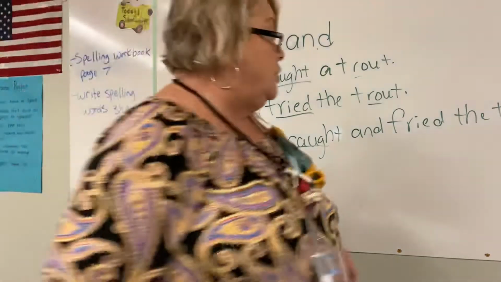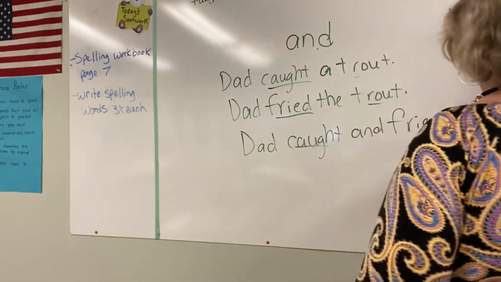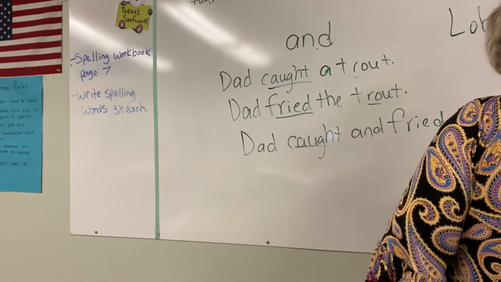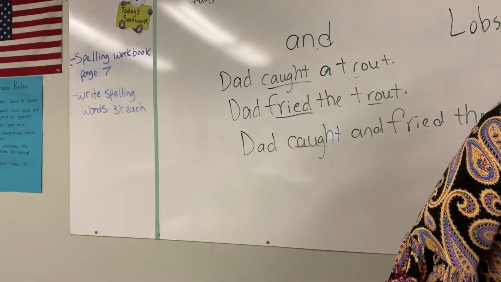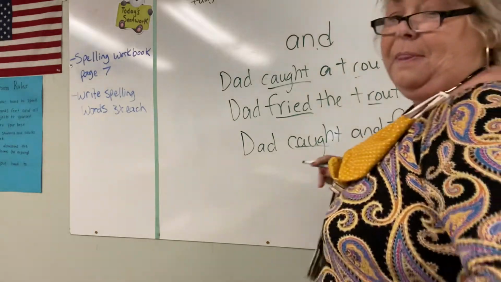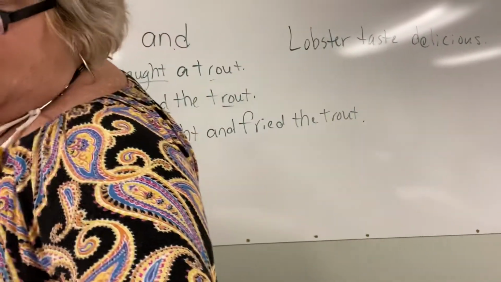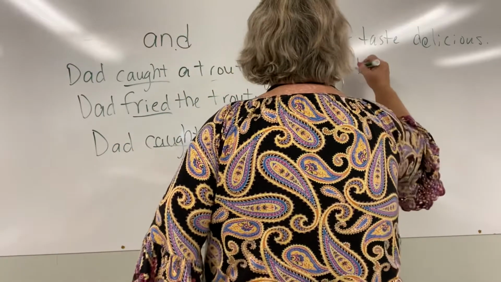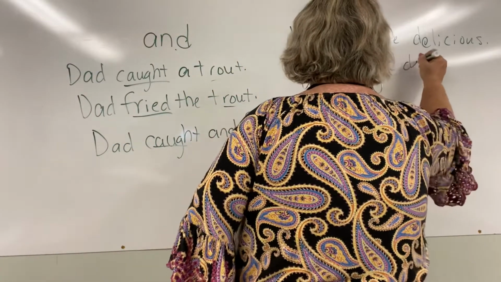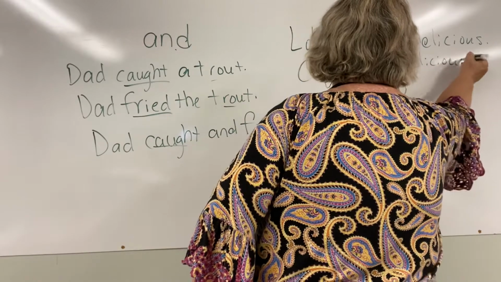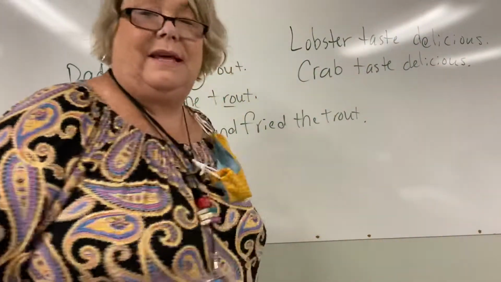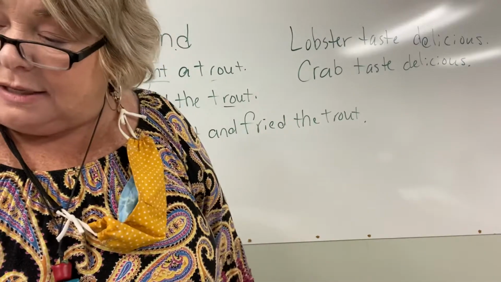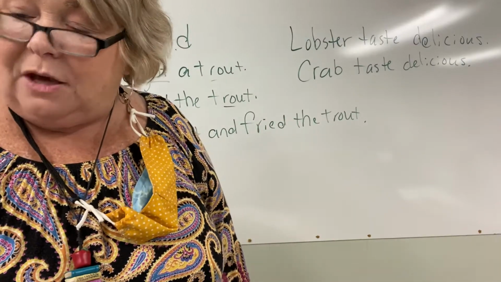Lobster tastes delicious. And crab tastes delicious. So we have two sentences there. Lobster tastes delicious. Crab tastes delicious. We could combine those together.